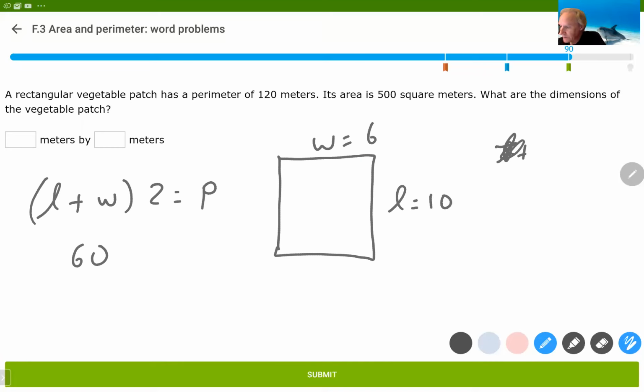Now that does give me the correct perimeter, but unfortunately, let's see, talking about 120 perimeter. Oh, length plus width.